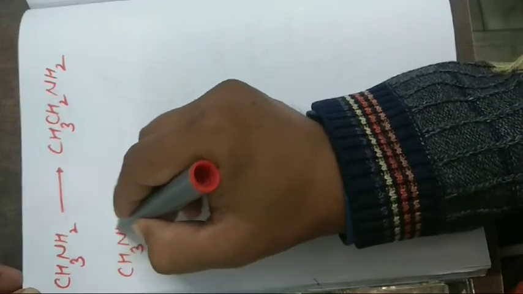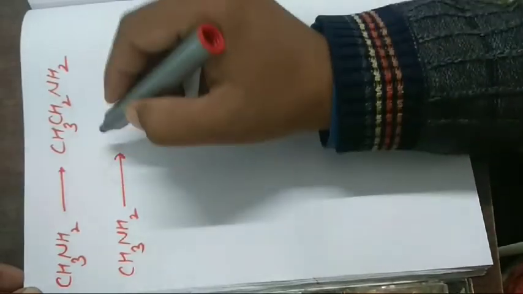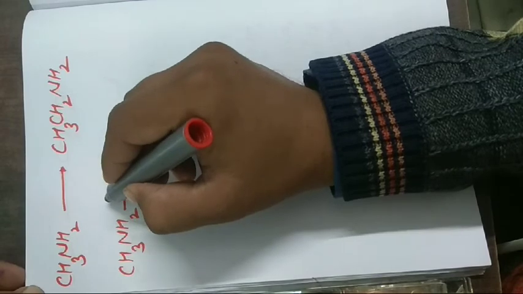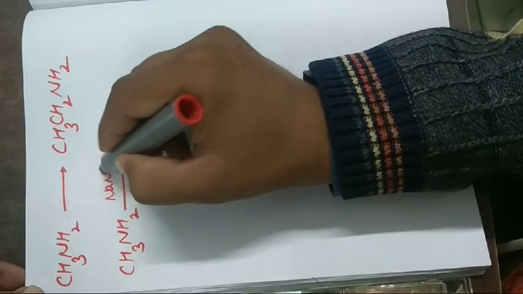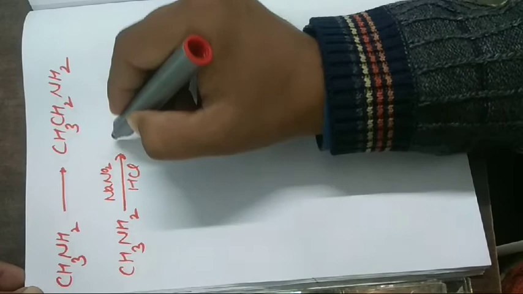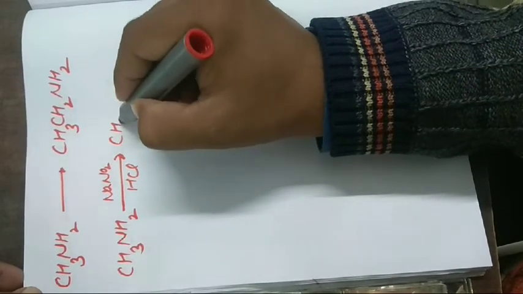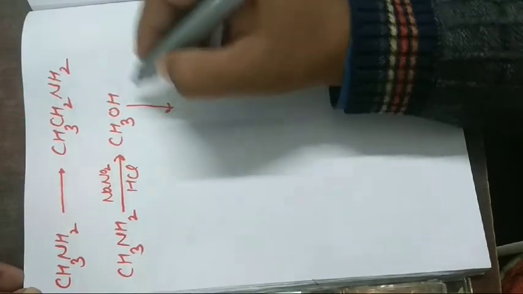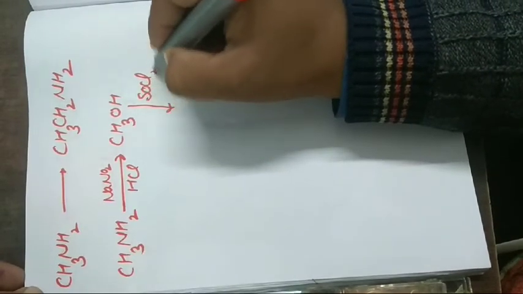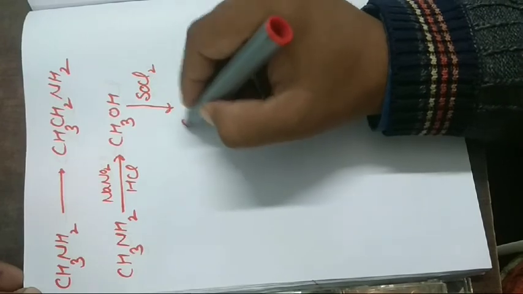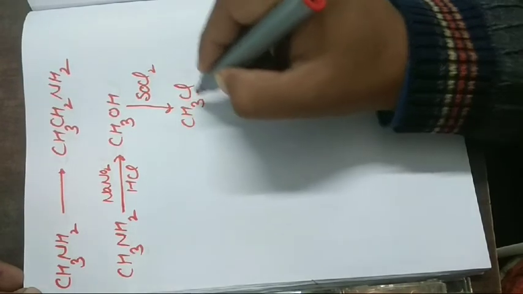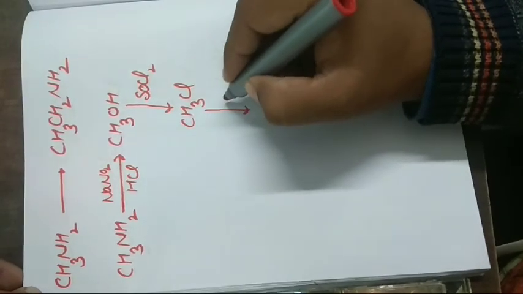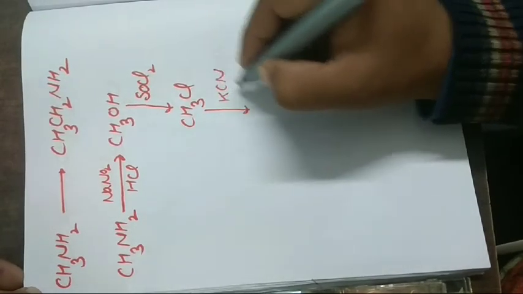So CH3NH2 is first converted into alcohol. How? By reacting it with nitrous acid, NaNO2 plus HCl. We will get CH3OH. Now we can react it with SOCl2, PCl3, PCl5, any chlorinating agent, and we will get CH3Cl, the alkyl halide.